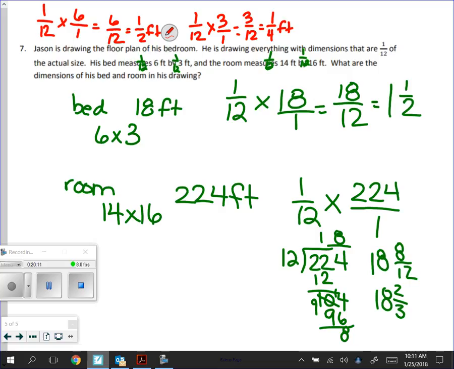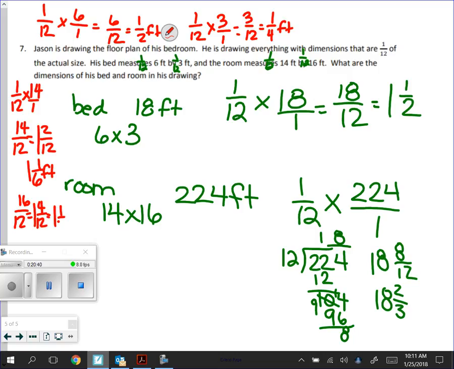And then 1/12 of 14. 14 over 12. I'm doing the way some of the other ones did it. 1 and 2/12, 1 and 1/6 of a foot for the one dimension, and you would have 16/12, 1 and 4/12, 1 and 1/3.